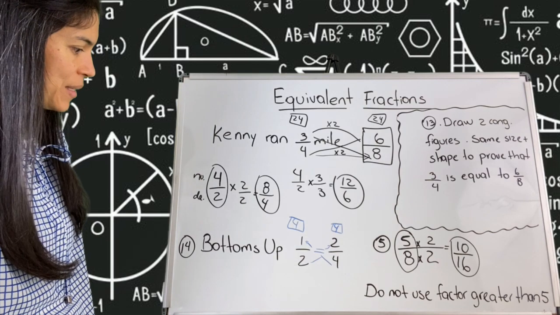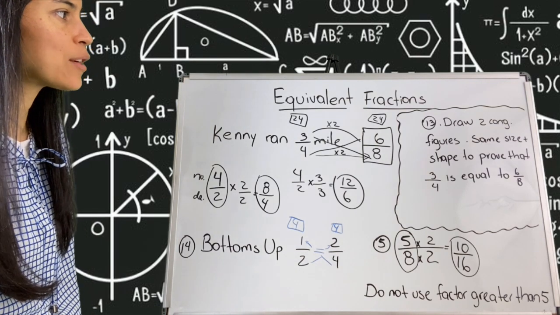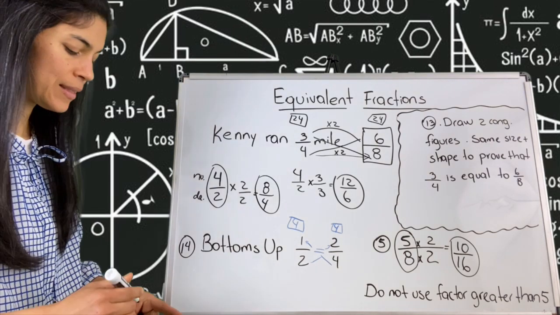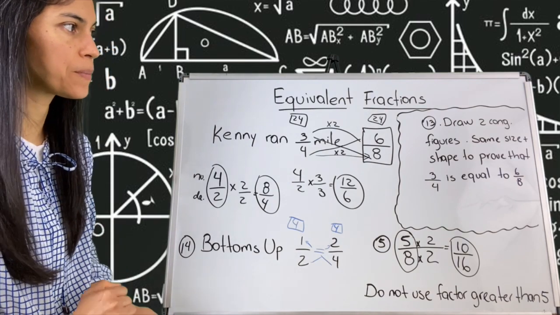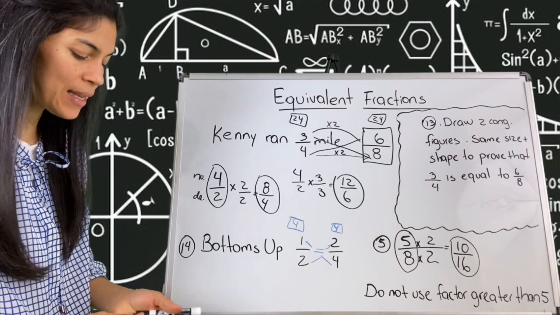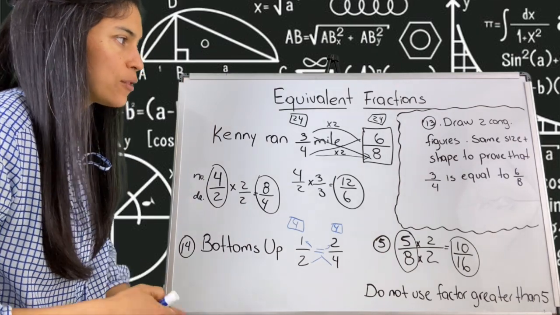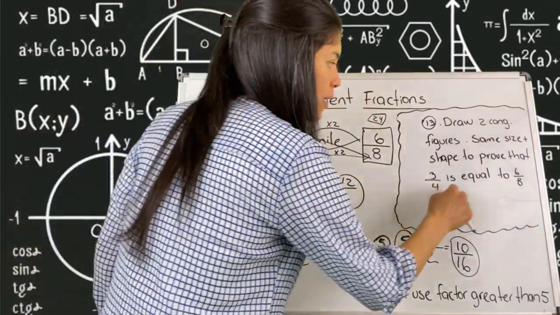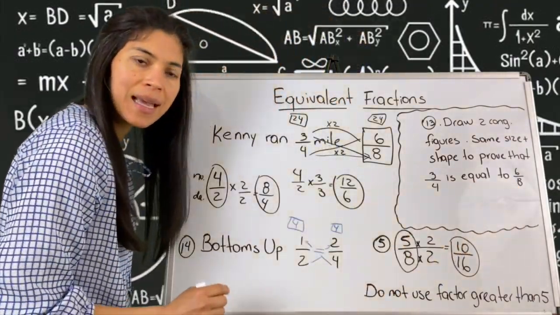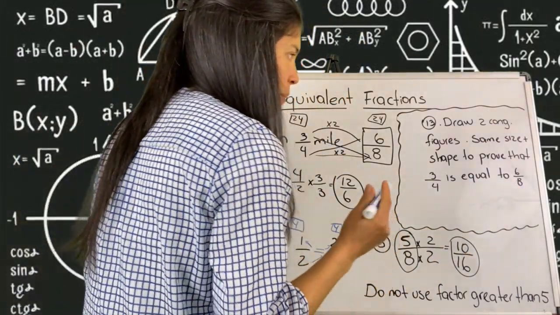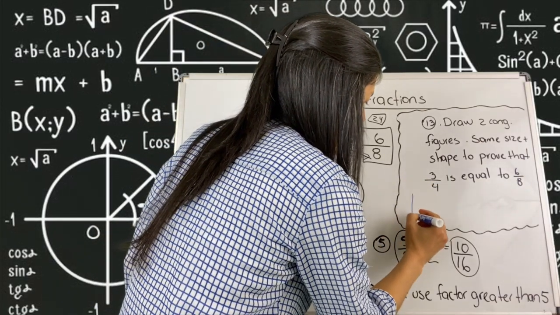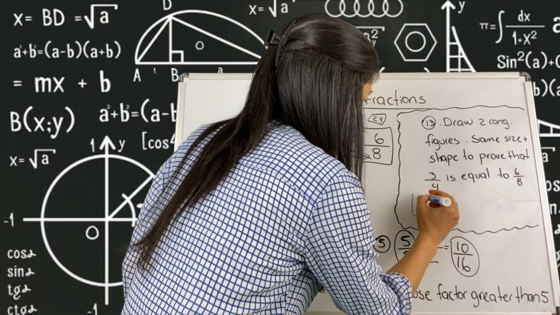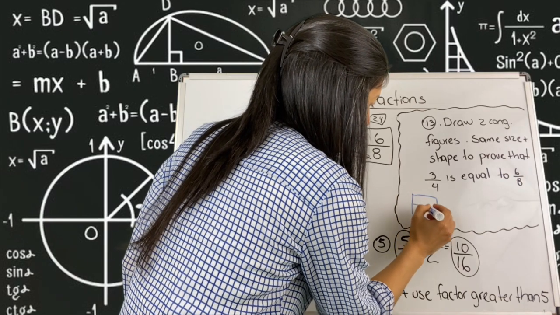So let me see. Problem number 13. They ask you to draw 2 congruent figures of the same size and the same shape to prove that 3/4 is equivalent to 6/8. So let me try to draw 3/4. I'm going to make a square, I guess. And I'm going to divide it in 4, right?